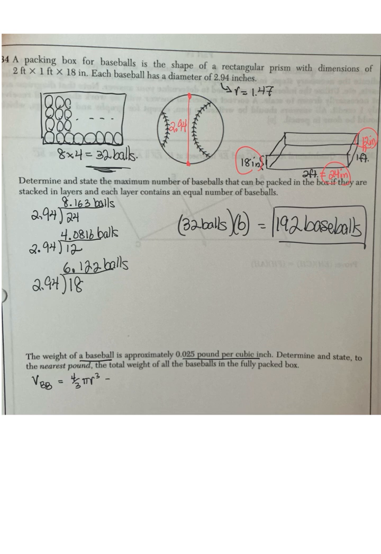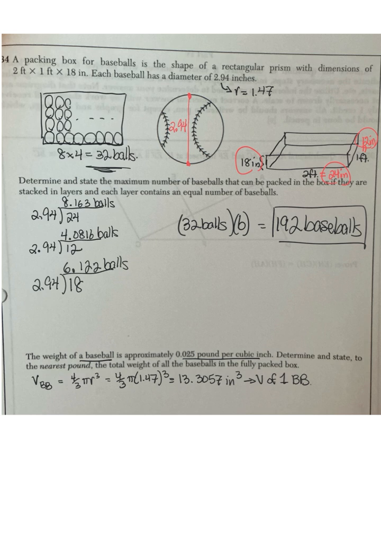Okay, so in here, then I'm going to do 4/3 pi, the radius 1.47, and I'm going to cube that. And then just throw that in your calculator. And I'm going to get 13.3057, and that would be inches cubed. Now that's the volume of one baseball. How many are there?